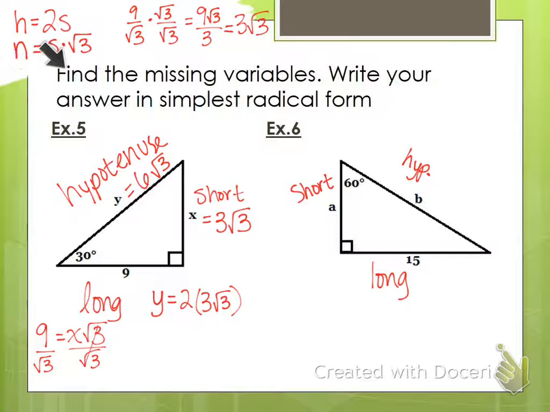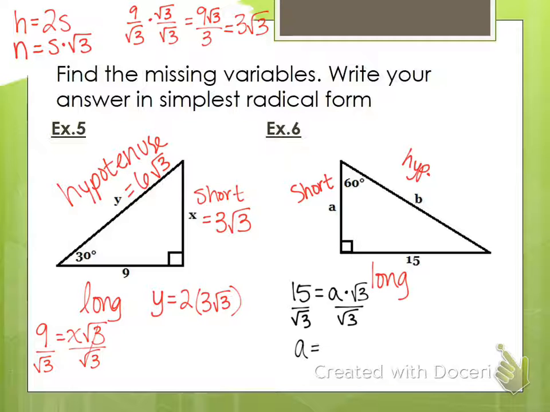So, again, we were given the long side. We'll use that bottom formula. They said the long side is 15. So we have 15 is equal to, they labeled the short side A, times the square root of 3. To get A alone, we have to divide by square root of 3.